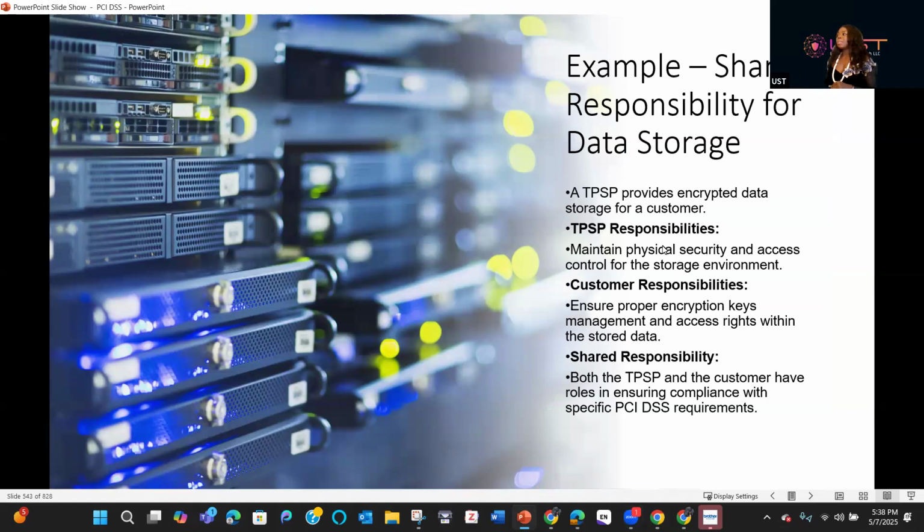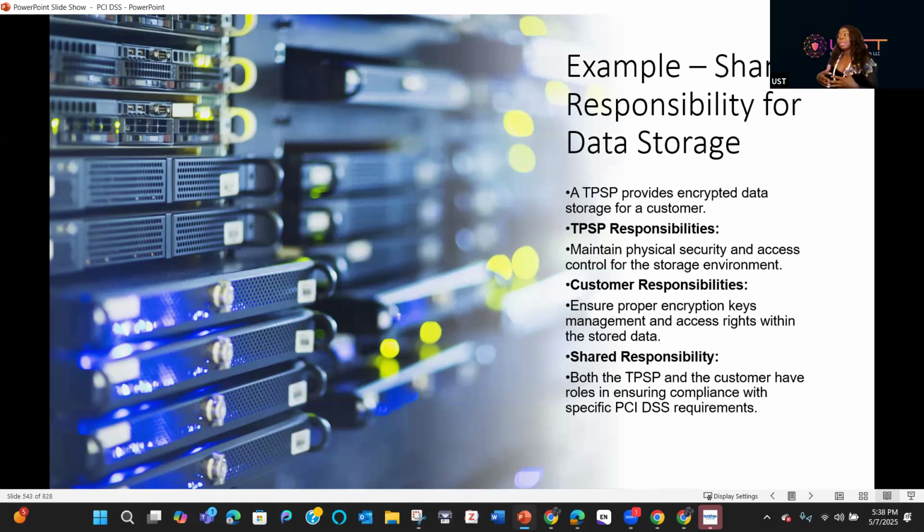For example, shared responsibility for data storage. A third-party service provider provides encrypted data storage for a customer. What are their responsibilities? They maintain physical security and access control for the storage environment. What are the customer's responsibilities? The customer must ensure proper encryption key management and access rights to the stored data. Do you see why I spent some time talking about encryption?